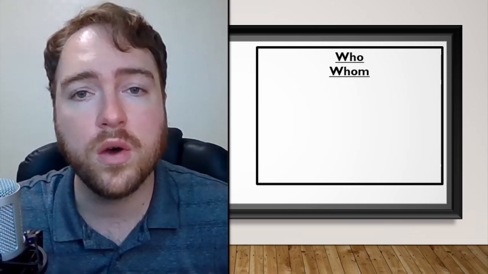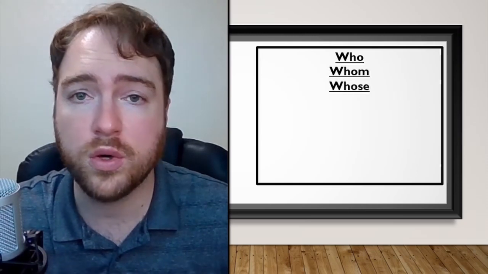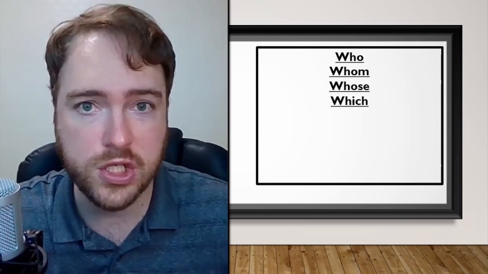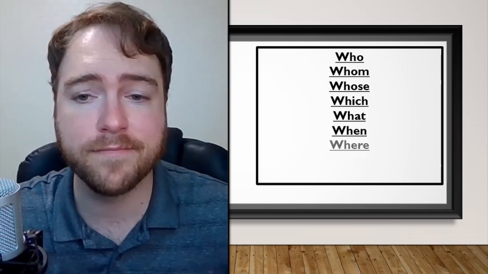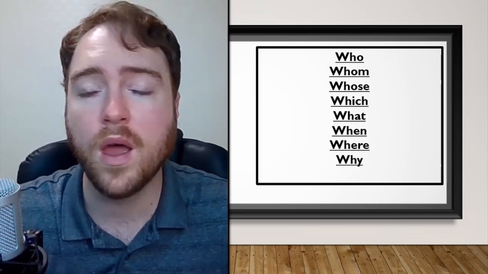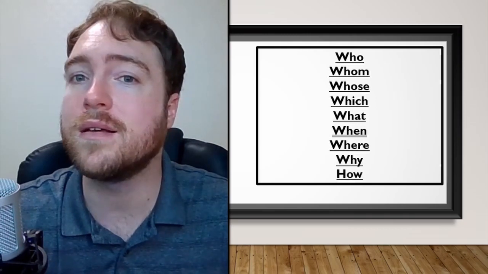Just as a quick review, and we'll very quickly talk about the meaning of some of them so you can remember what they mean. All right, so we have who, whom, whose, which, what, when, where, why, and how.